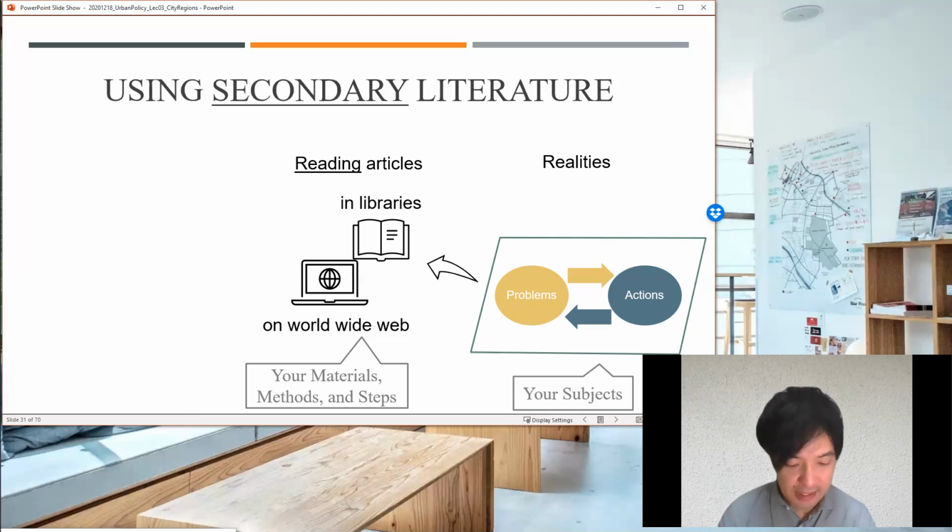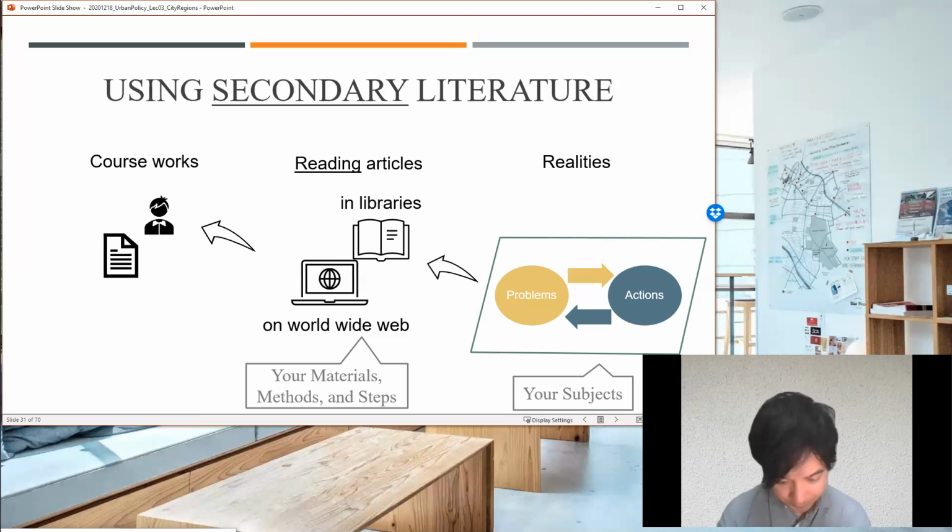By doing all this, you should find important facts from these articles. Then you should pick up some of the data and write them down in your paper. This is your research, and this is what you should write in your papers.